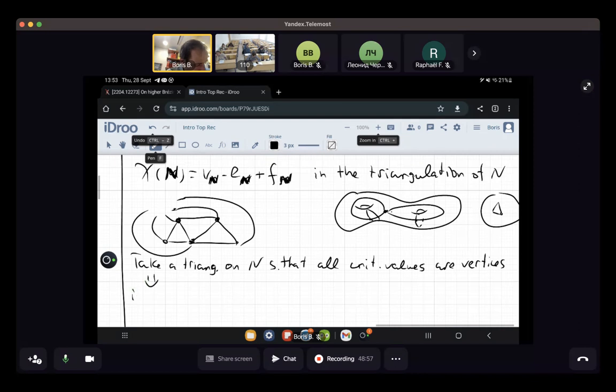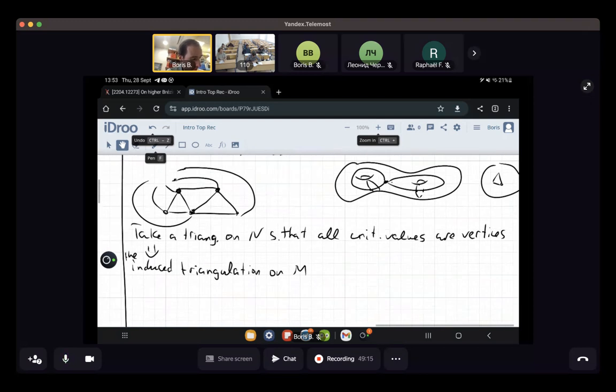Therefore, we have the induced triangulation on M. And how many vertices, faces, and edges does this induced triangulation have?